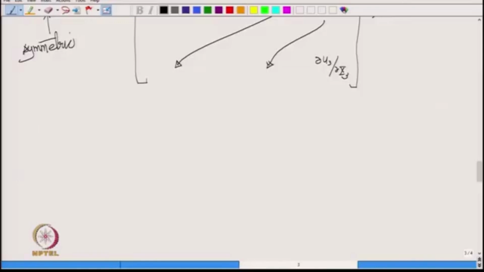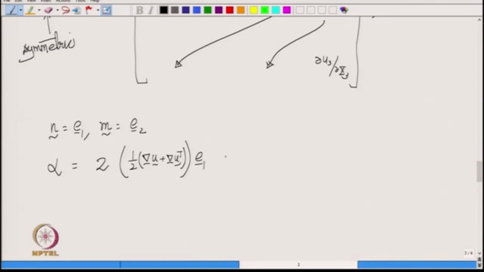So, if we choose the two line elements such that n is equal to E1 and m is equal to E2, then based on the formula that we have derived, alpha is equal to 2 times half of this matrix, grad u plus grad u transpose, into E1 and dot with E2.